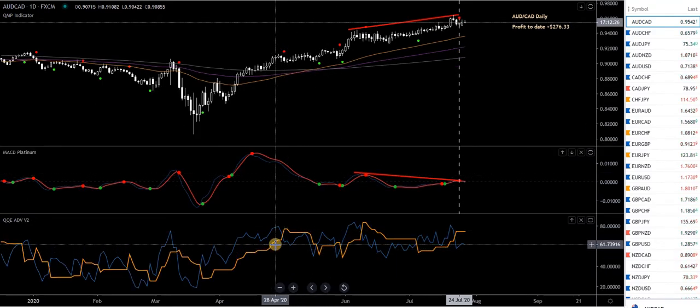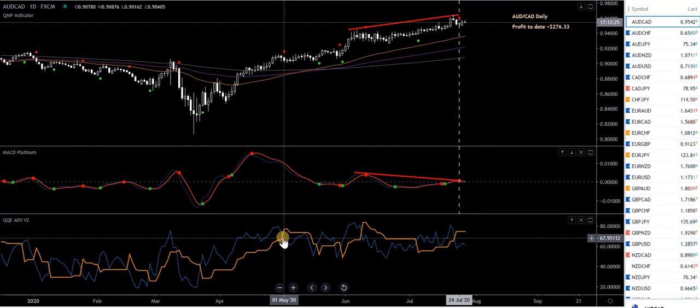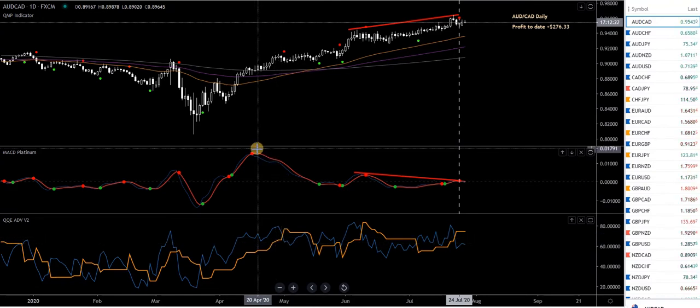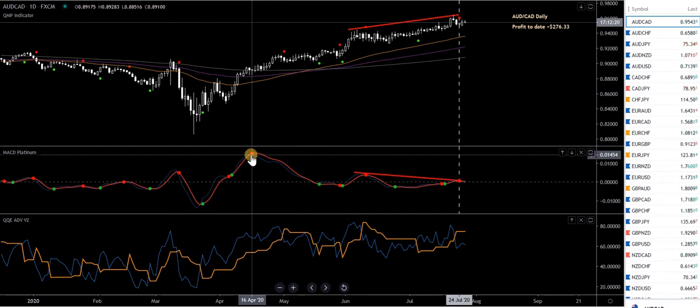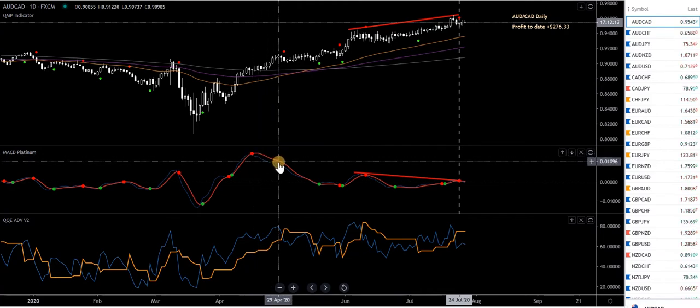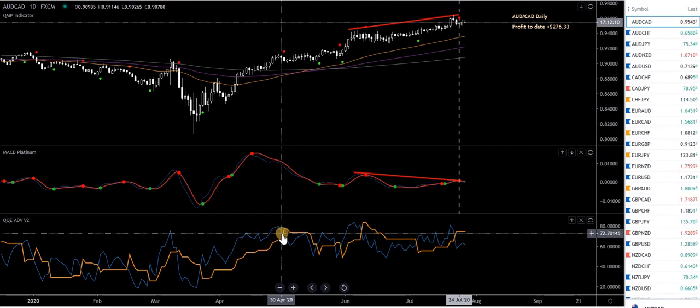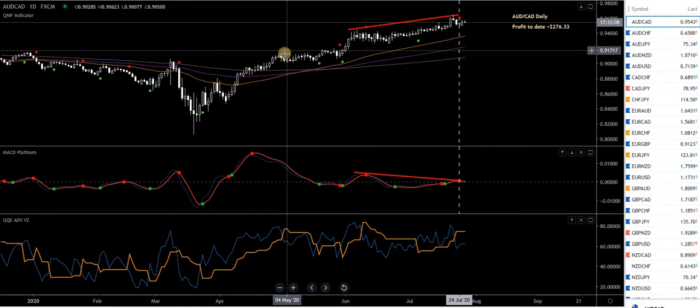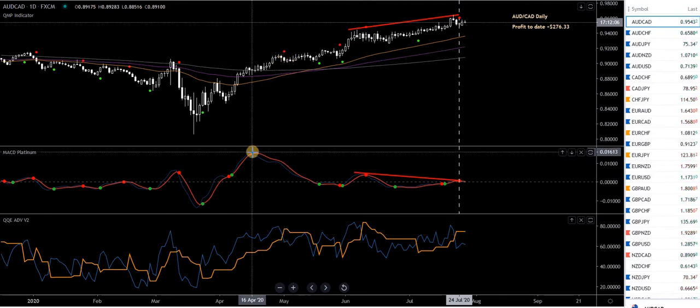So when there's a cross on the QQE Advanced and it's in sync with a cross, which is a dot on the MACD Platinum, see the dot here happened back here, even though MACD Platinum's going down, the QQE still hadn't crossed. So once that cross was confirmed, the MACD Platinum was already in sell mode.